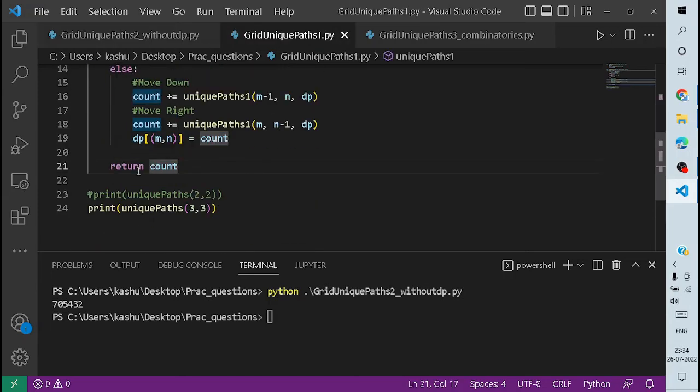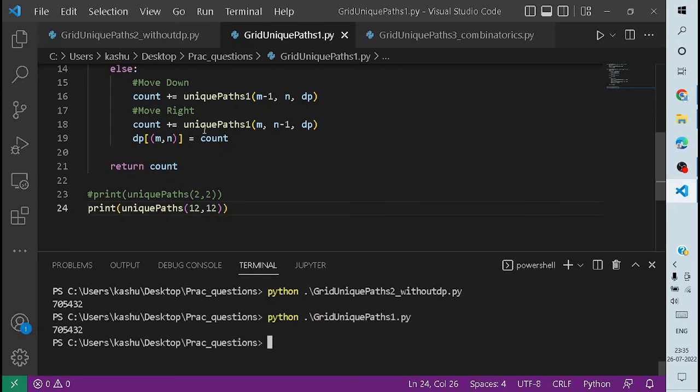And when we use dynamic programming, let's see the amount of time it takes. See, it comes then and there. So that fast it is.